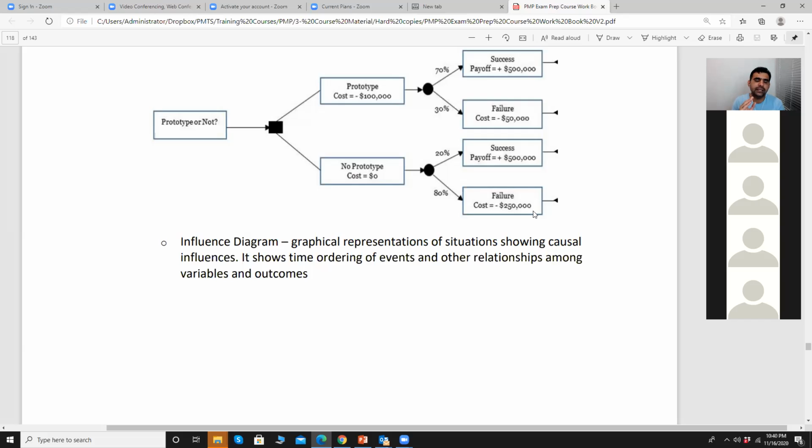Yeah. By doing that, you can determine the severity, or we normally call it expected value, expected monetary value, EMV. You can calculate the expected monetary value of each risk. Risk 1, 30% into 50,000.